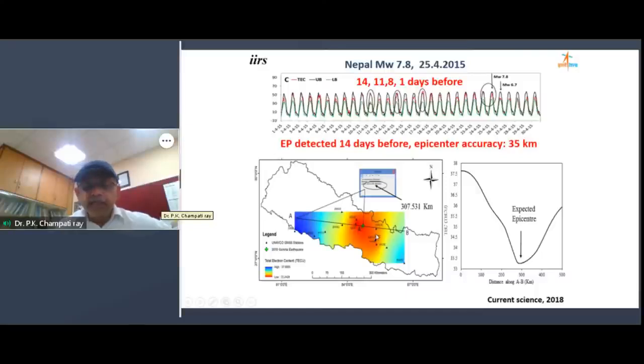So when you analyze these local data sets and apply the same methodology, the accuracy came down to almost 35 kilometers. That means 14 or 15 days before, it is possible to know that the earthquake is coming, and the expected epicenter is 35 kilometers from the actual one, which was calculated.